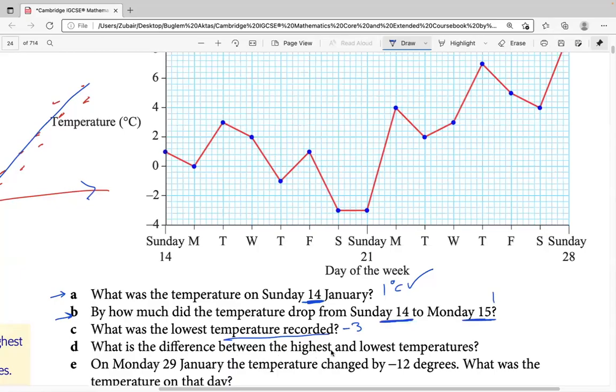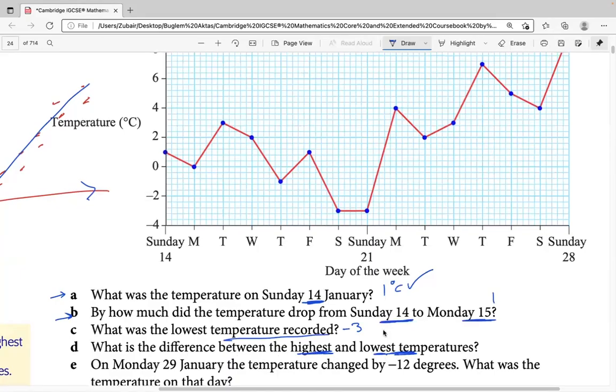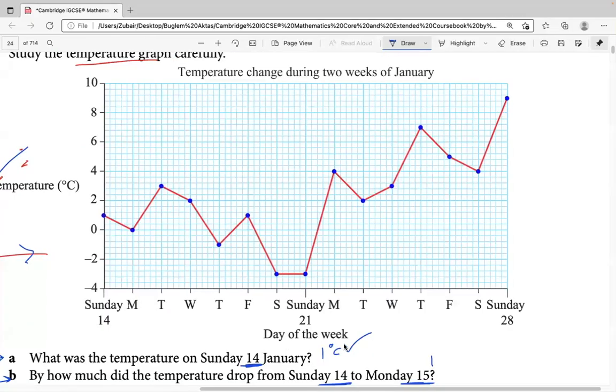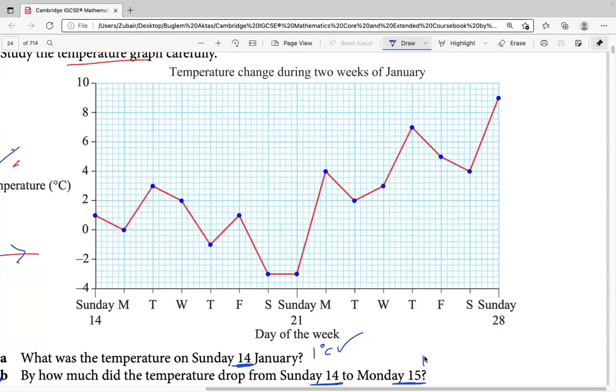What is the difference between the highest and lowest temperatures? Can you see the complete graph? Yes. Okay. So the difference between highest and lowest temperature was 12 degrees. Very good. Larger number minus the smaller number, and the difference is 12 degrees.